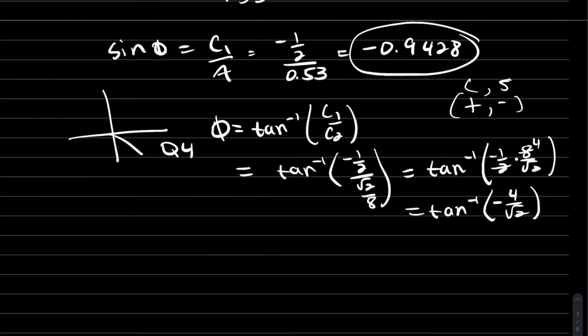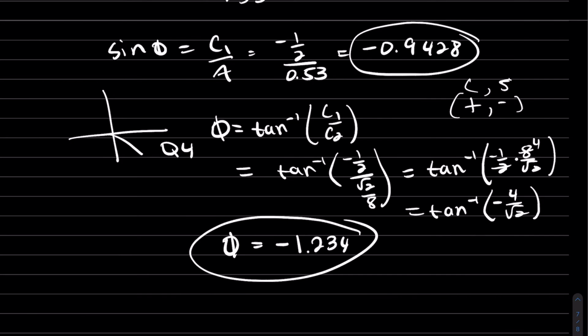So you punch that into a calculator and you get approximately negative 1.234, which is in quadrant 4. It's in radian measure, remember. Make sure you're in radian. You can't have a degree. Doesn't make sense in this class.